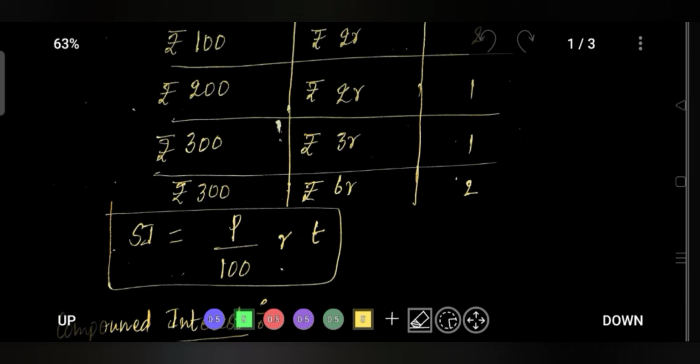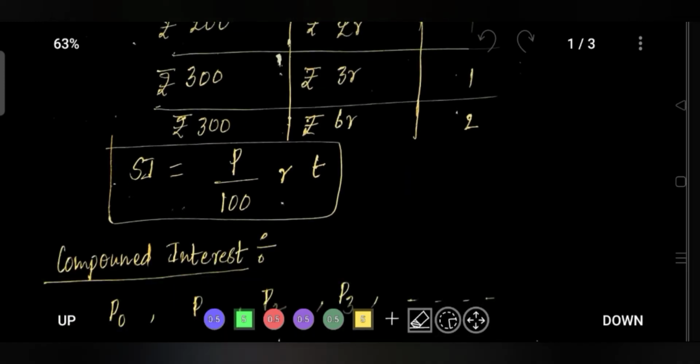Generally, how will we calculate the simple interest? In the principal amount, the money we borrowed, how many hundreds are there in that principal? That will be P by 100.